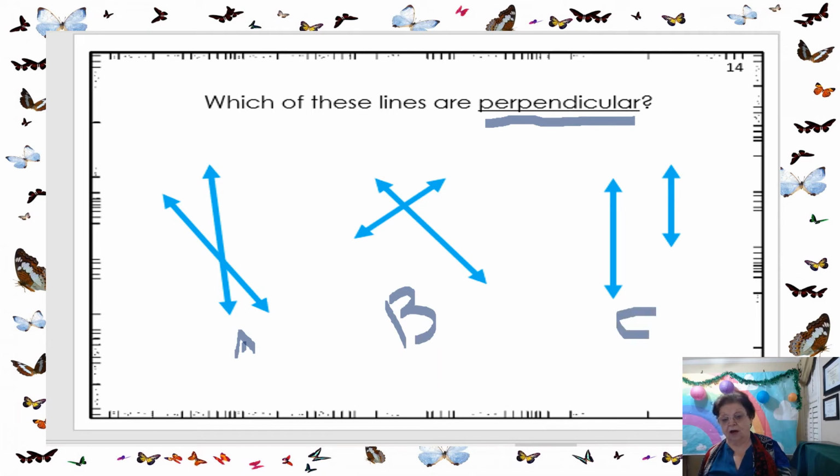Oh, look at B. If you said B, you're right. You can make a square right there. Perpendicular, you can make a square. And up here too. You can make 4 squares there. 4 right angles, they're perpendicular.